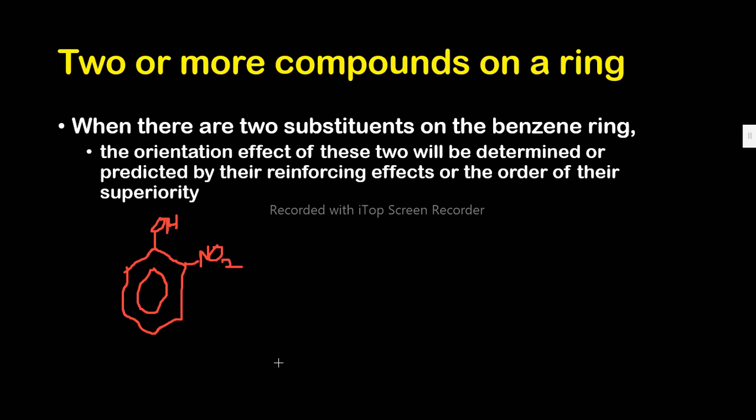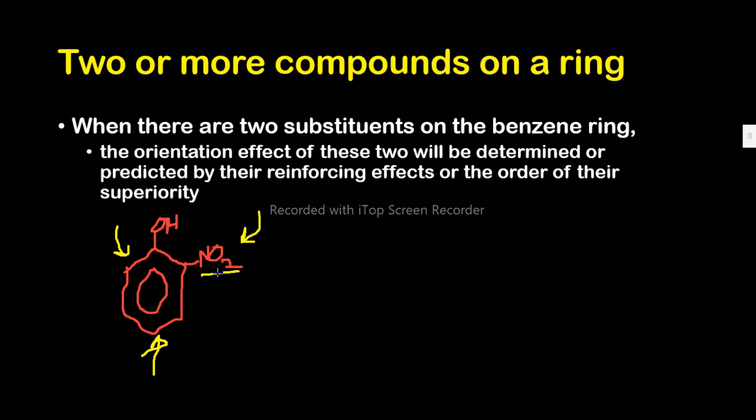Now the answer is simple. You can see that the OH is an ortho and para director. So this is the ortho and para position. So it directs the incoming electrophile to the ortho position and to the para position, this OH.